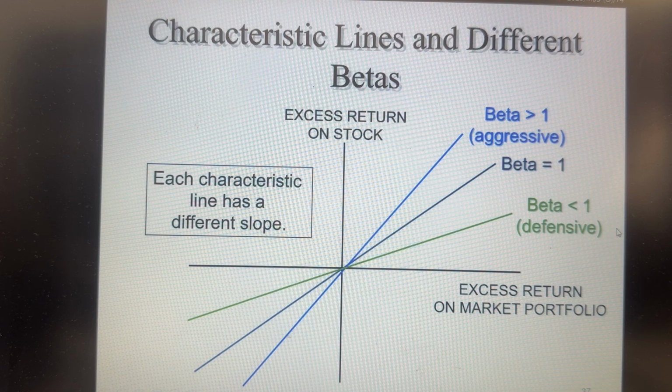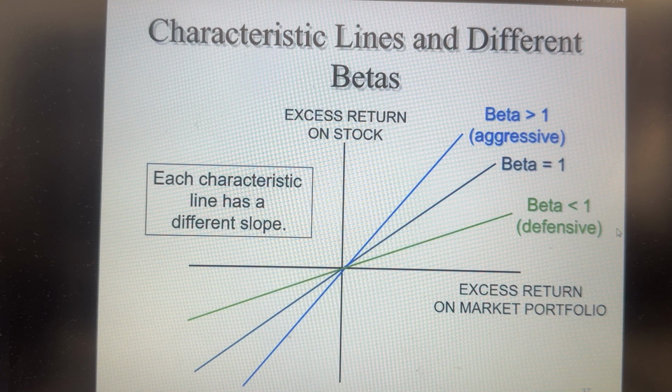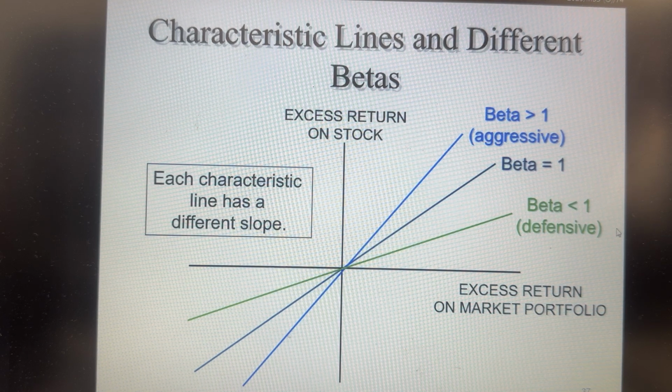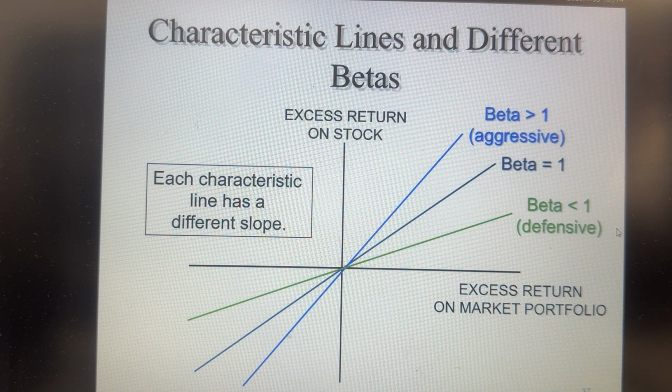How can we calculate the slope? Slope is always the change in stock return divided by the change in market return.